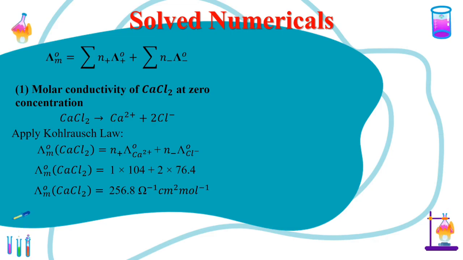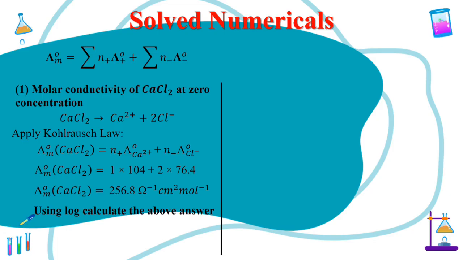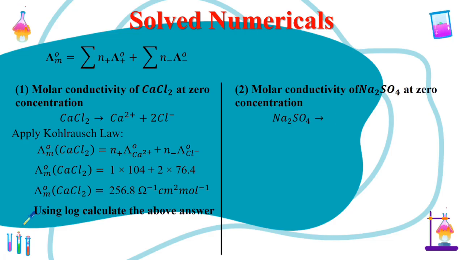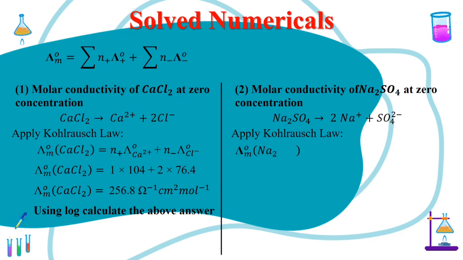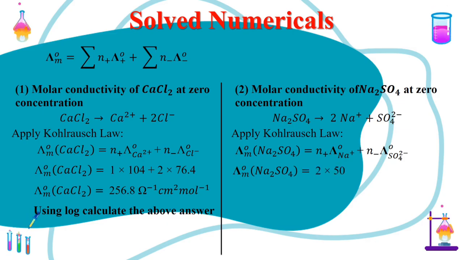Please try to solve the above value using logs. Similarly, sodium sulfate dissociates into 2 moles of sodium ions and 1 mole of sulfate ion. By applying Kohlrausch law and substituting the given values, the required value is obtained as 259.8 ohm inverse centimeter square mole inverse.